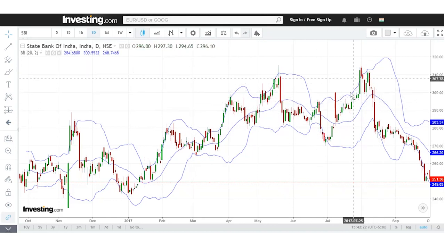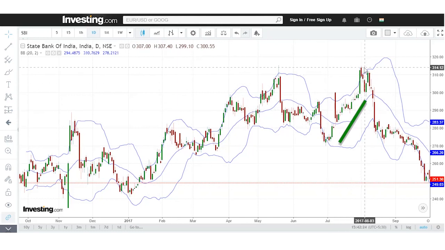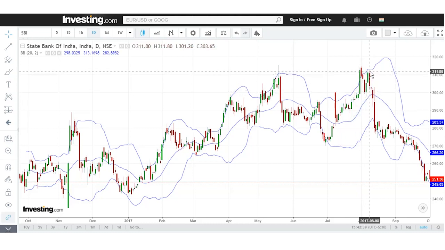Look at this position. First there was a very fierce up move and the price moved beyond the Bollinger Band, the 2 sigma line. Then the price retraced and there was again an up move, but this time the price failed to move beyond the Bollinger Band. This is classically called an M top.